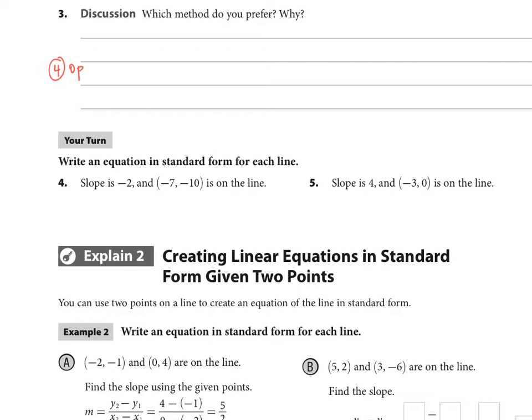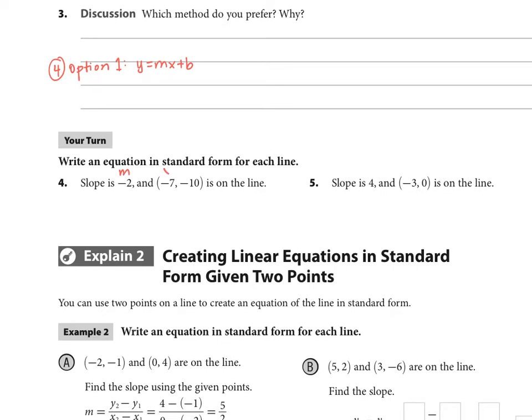So here's option 1. And that is we're going to write it into y equals mx plus b. That's the slope-intercept form. So I already know what the slope is. So going down back to the original problem, if my slope is -2, that's the m.